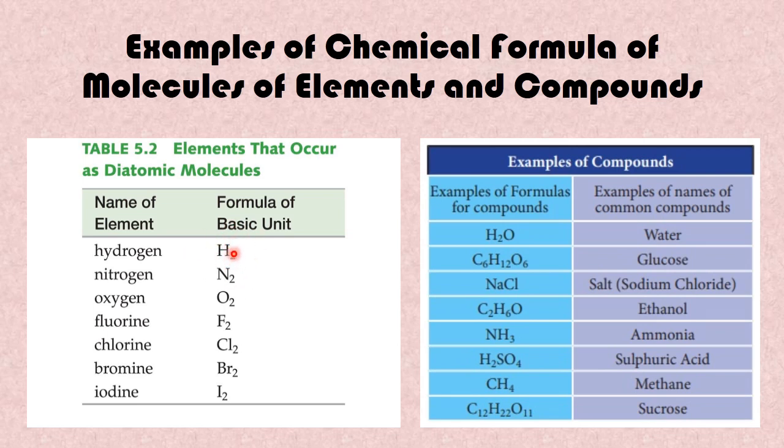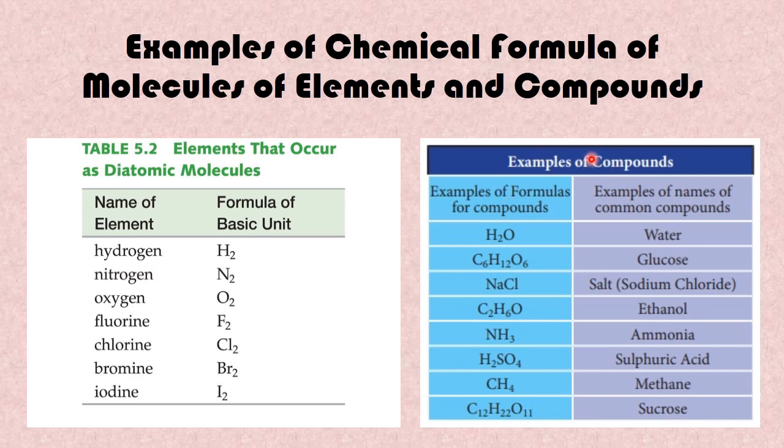So you have subscript 2 here, which indicates that in one molecule of hydrogen gas, you have two hydrogen atoms. The same with nitrogen, you have N subscript 2. Oxygen, we have O subscript 2. Fluorine, we have F subscript 2. Chlorine, Cl subscript 2. Bromine, Br subscript 2. And iodine, I subscript 2. So it shows you that you have two atoms in one molecule of these elements.